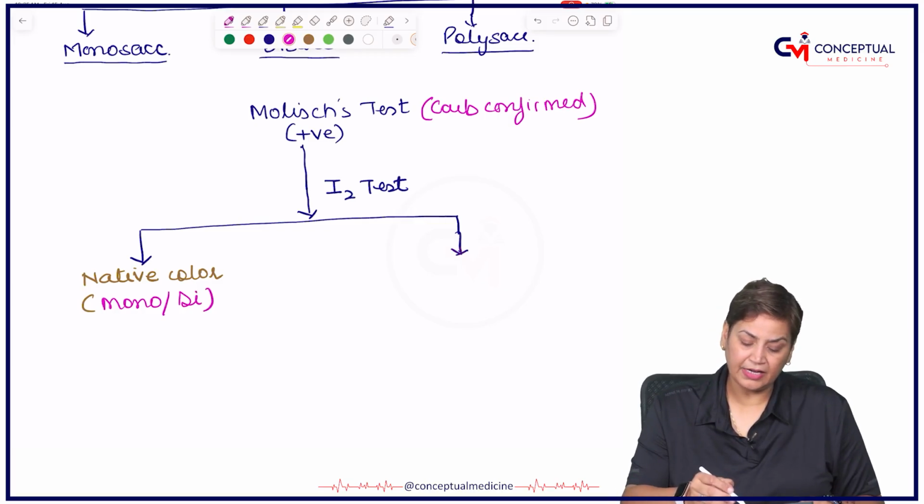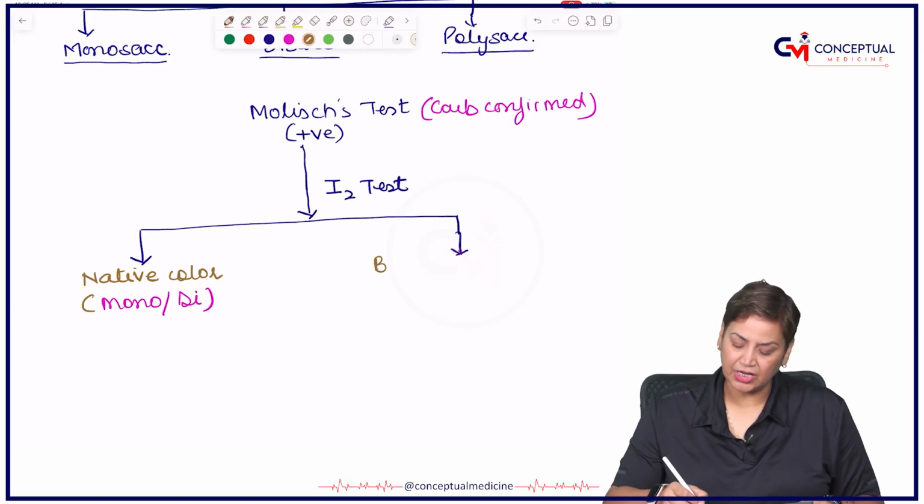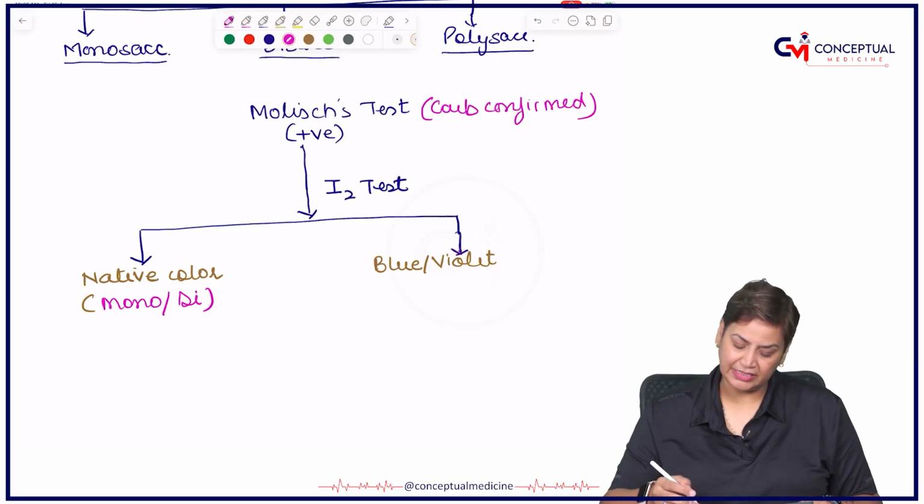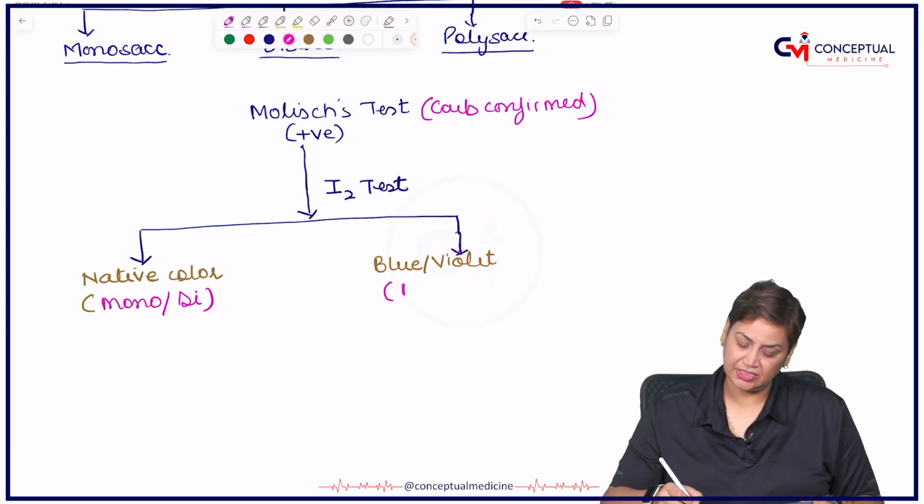But if it gives a blue or violet color, that means polysaccharide or starch is present.